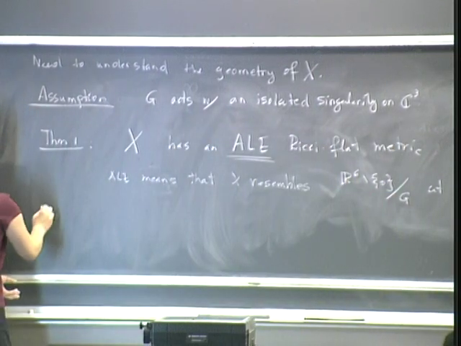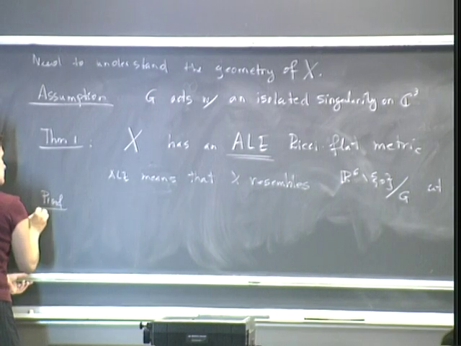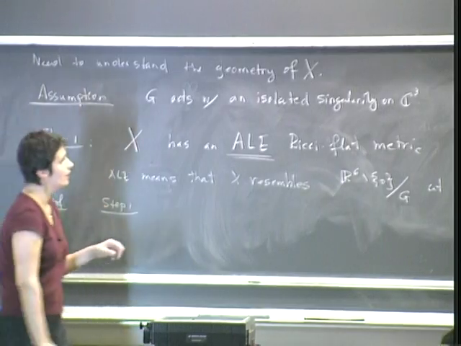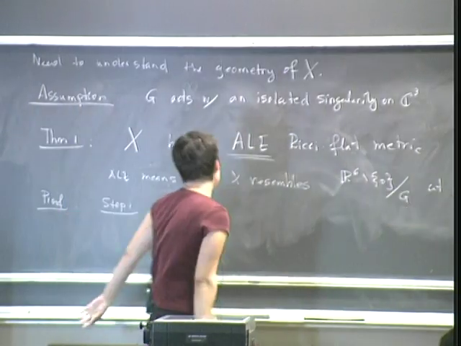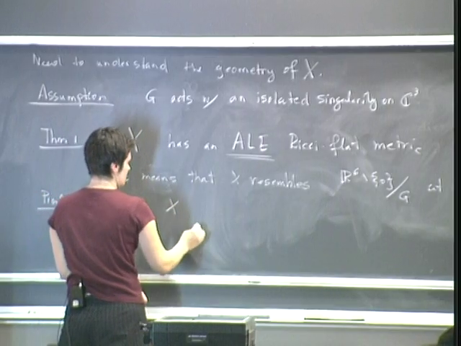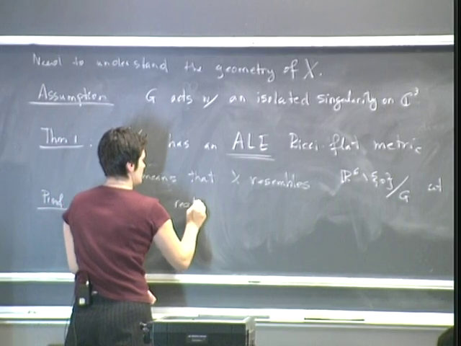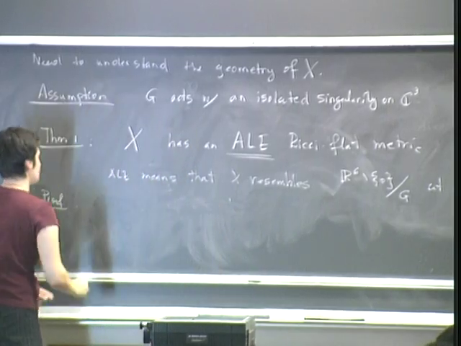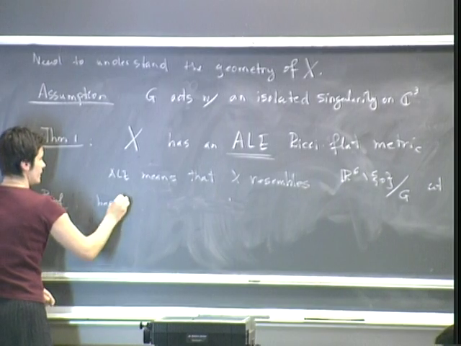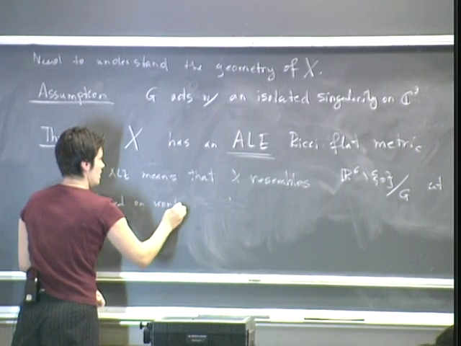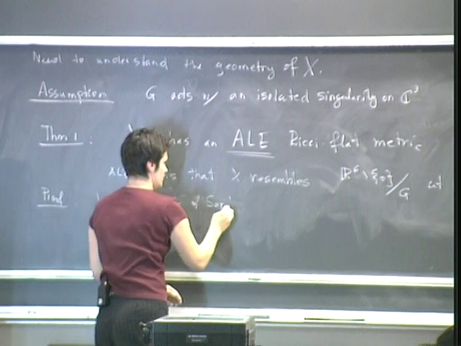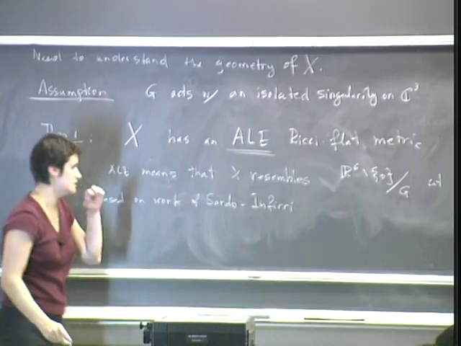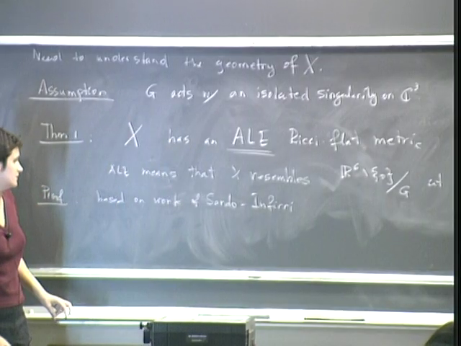And in order to prove this theorem, you need two steps. Step 1 is to realize X. Actually, this proof is based on work of Sardo-Inferi, who first studied this ALE matrix on Crepant resolutions.